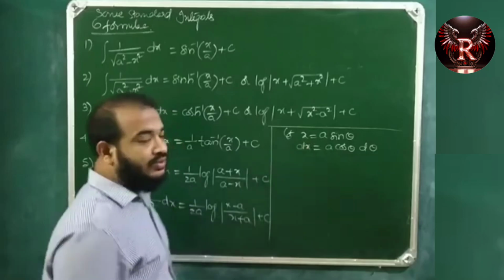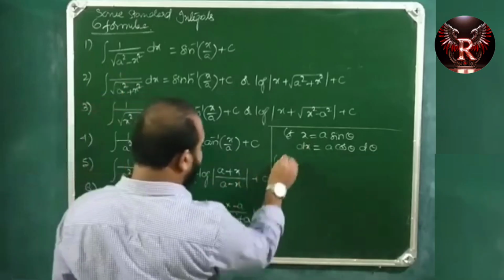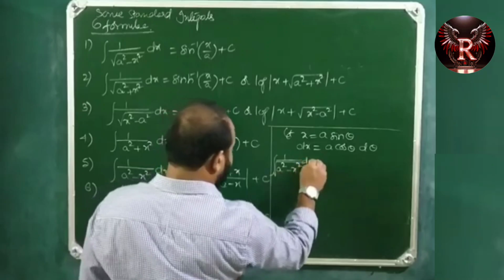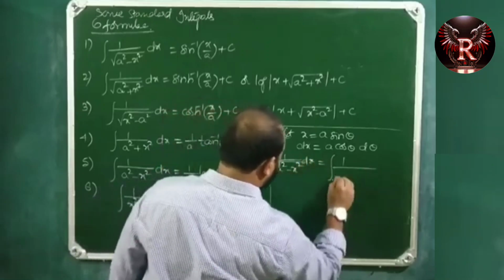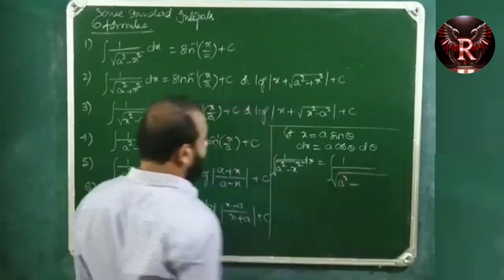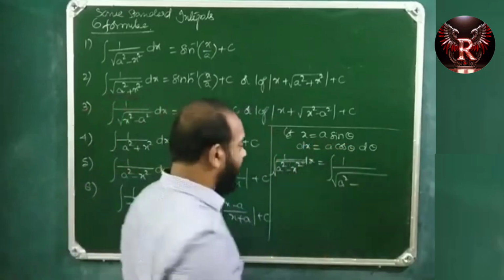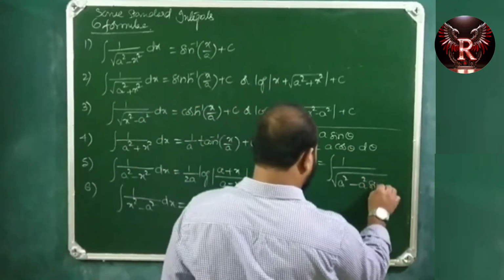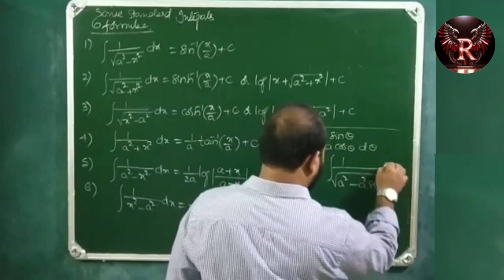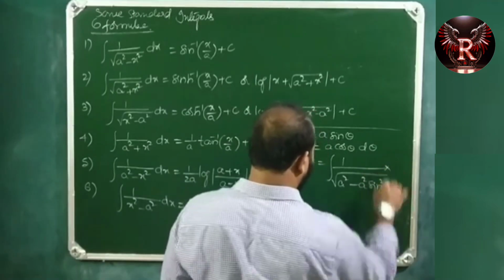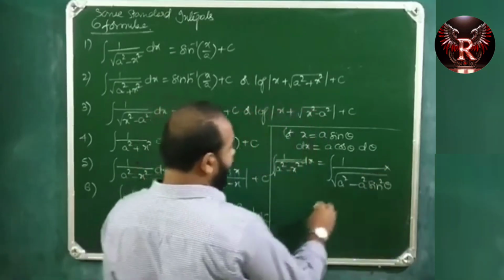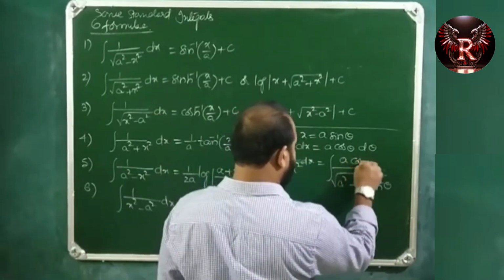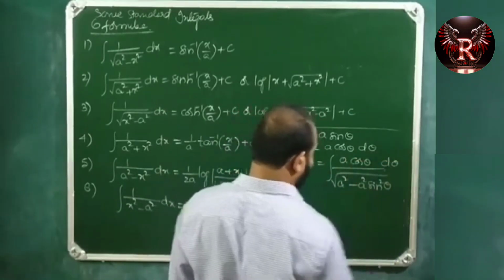Substituting this into the given integral, we get 1 by square root of a square minus x square, where x is a sin theta, so x square is a square sin square theta, into dx, which is a cos theta d theta.